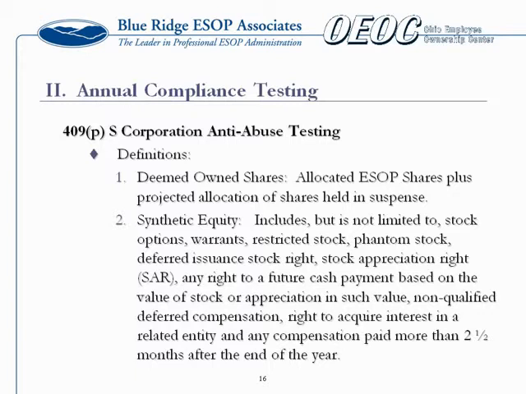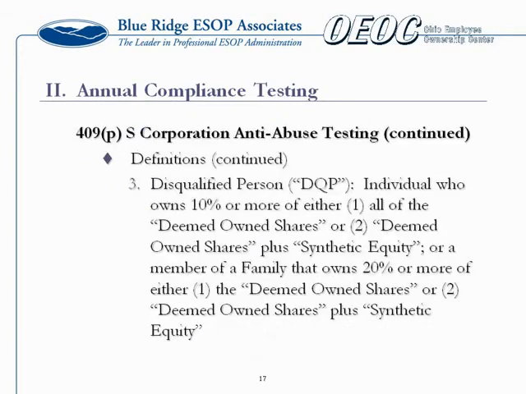Then our next definition would be a disqualified person, and you'll commonly hear that as a DQP. Individually, this would be a person that owns 10% or more of either the deemed owned shares, which would be your ESOP shares plus the mock allocation of your suspense shares, or your deemed owned shares plus your synthetic equity.